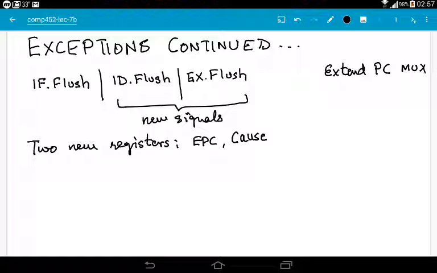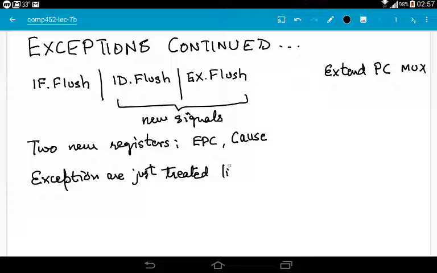And we also said that exceptions are just treated like control hazards.